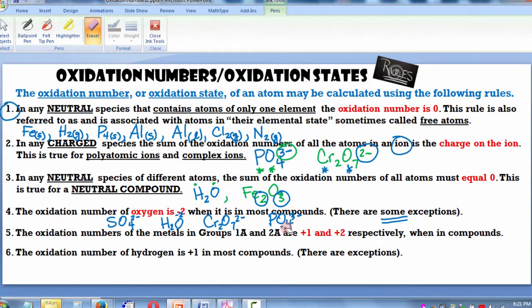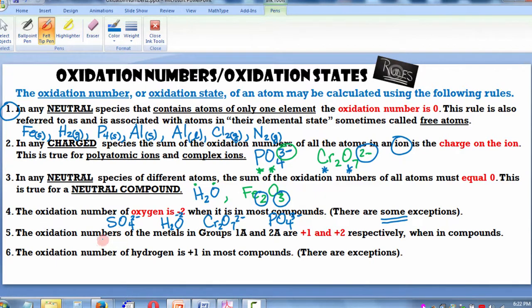So, just put this together real quick. And I believe your book has something similar to this. Rule 5, group 1A and 2A, we will say their oxidation numbers would be respective to the group that they're in, +1 for group 1A, +2 for group 2A.